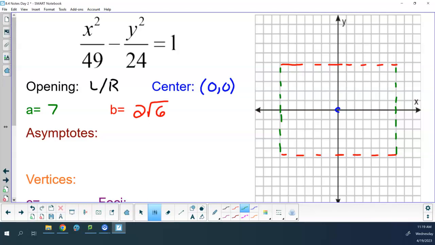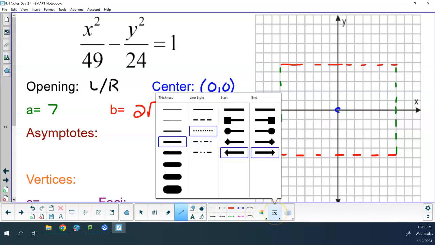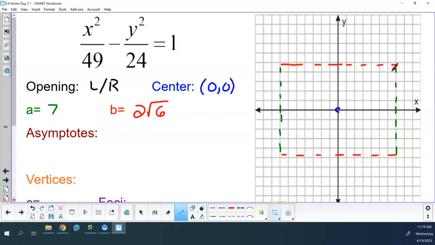Okay? Now what? Diagonals. Gotta make diagonals of this one. Diagonals. That one, that one, that one. And make sure we go all across.